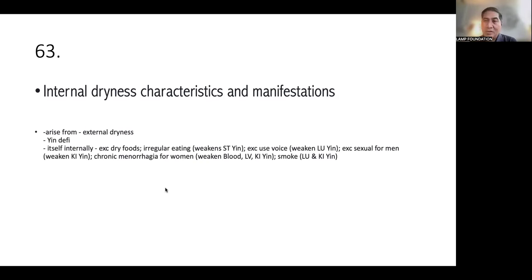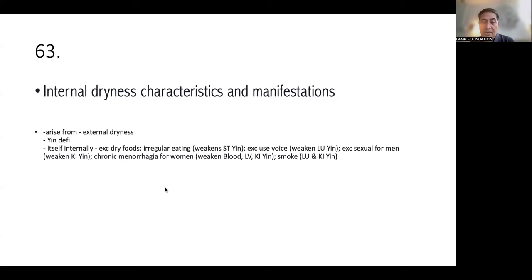Okay, so very interesting, di ba? If you eat excessively dry food, this will cause internal dryness. Also, if you do not eat on time or irregular, pabago-bago yung schedule mo, you can have stomach yin deficiency. And those who use their voice a lot, like teachers, singers, magkakaroon din ng lung yin deficiency.